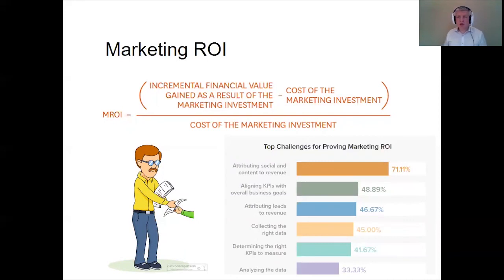What a great flyer. What a great marketing I did, right? Not exactly. Students who walked into my classroom, all of them had already signed up for my class. I didn't add a single student. So the actual outcome, the incremental value of this campaign, is 0.